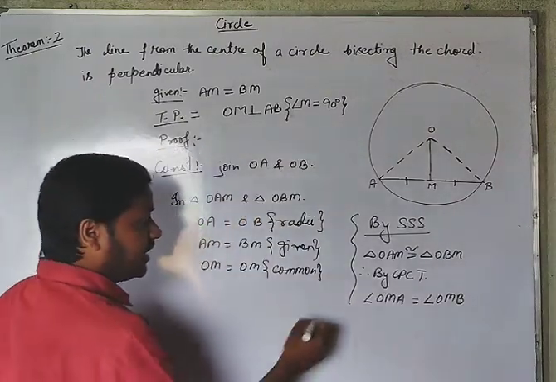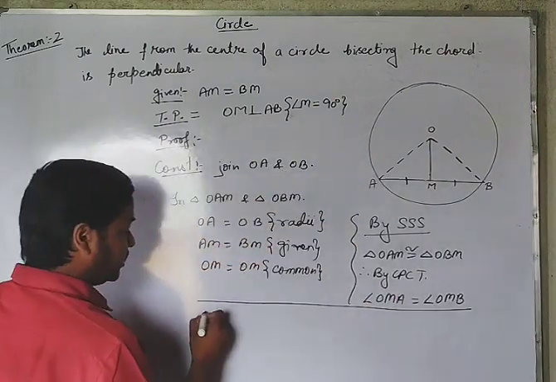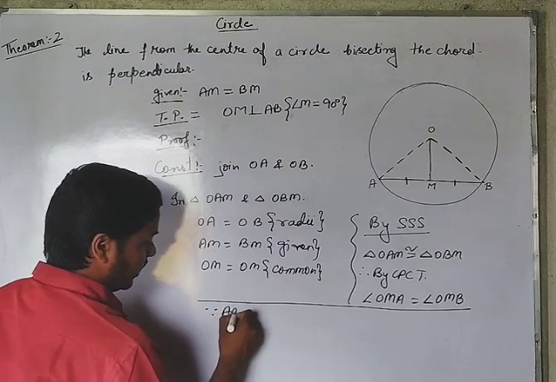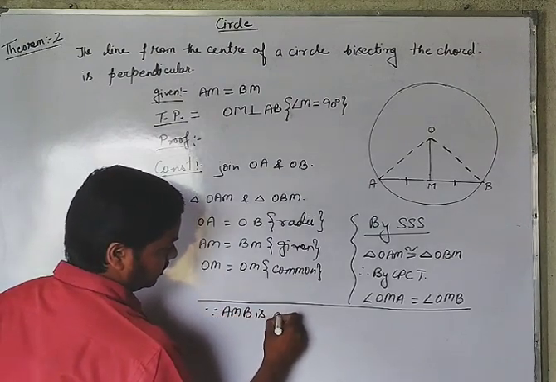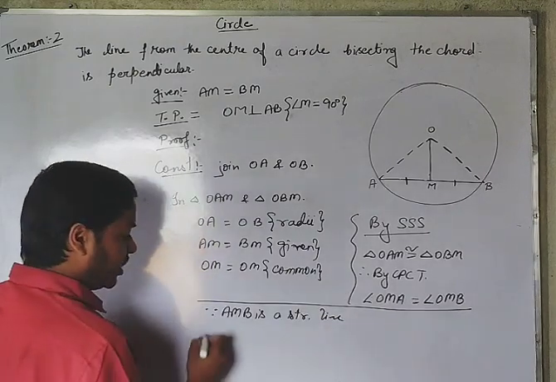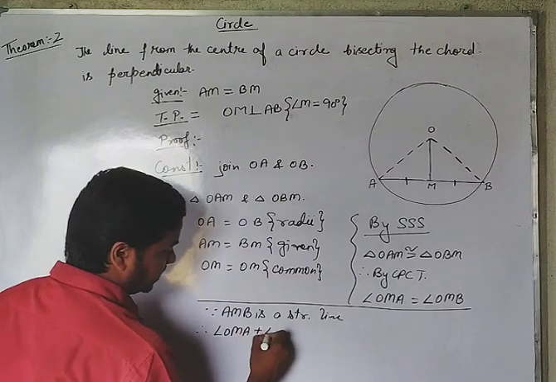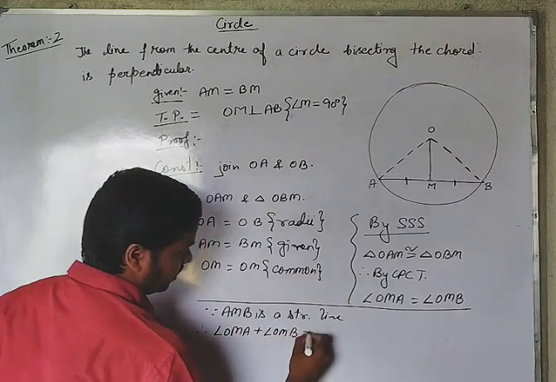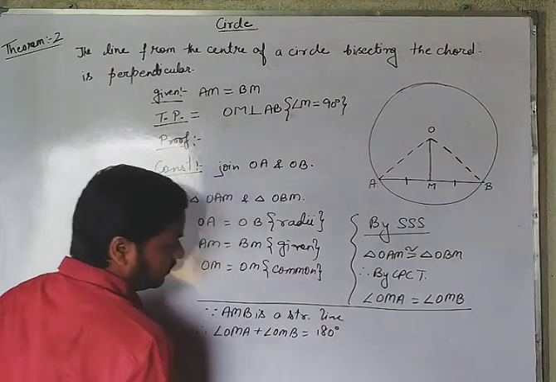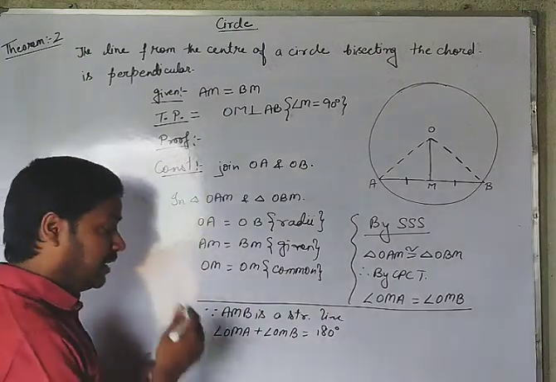So for that, one more step: since AMB is a straight line, angle OMA plus angle OMB will be equal to 180 degrees by supplementary angles, or linear pair.